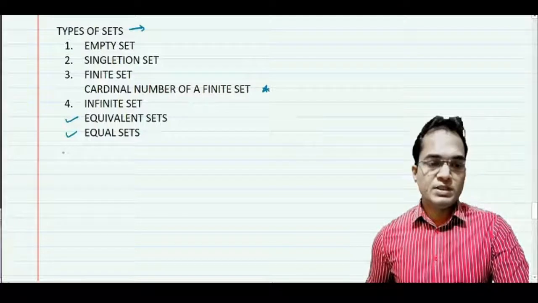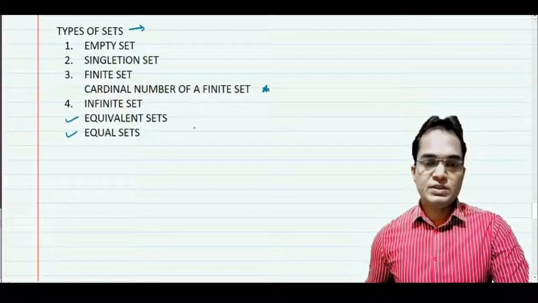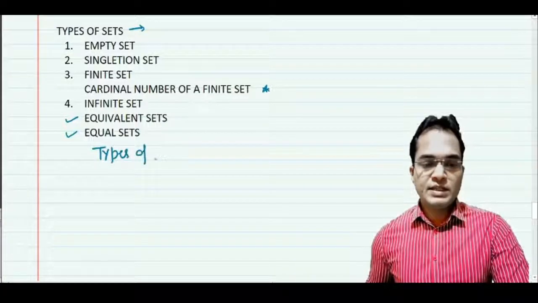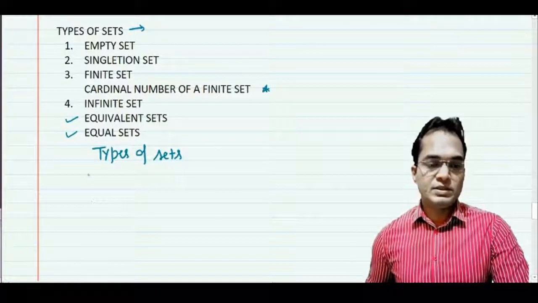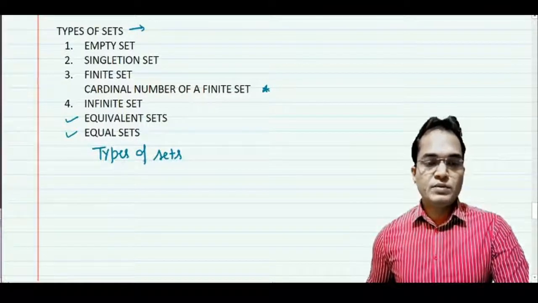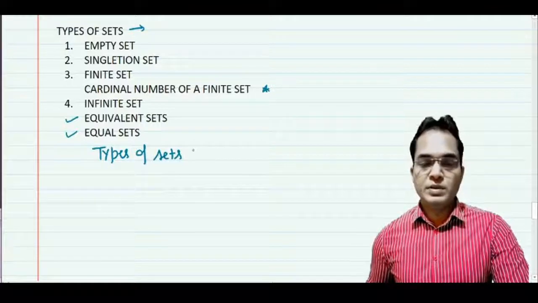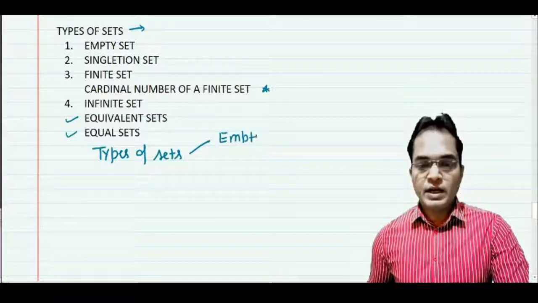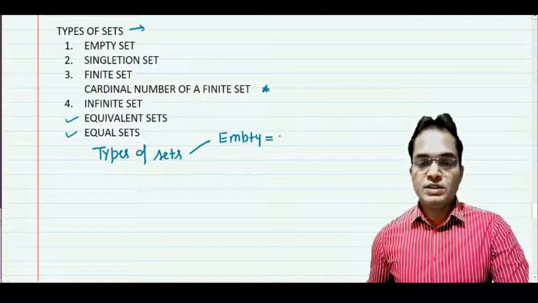The first topic is types of sets. Mainly, sets can be categorized into three types, or you can say types of sets can be divided into three parts. First, the empty set, or you can say null set, or void set.